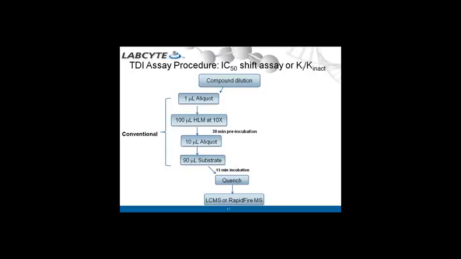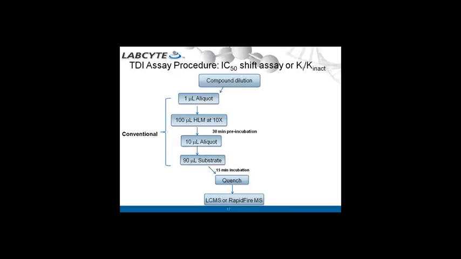So here's a procedure for running the time-dependent inhibition assay. On the left, we have a procedure that is currently used in many ADME groups. Again, compound is diluted in DMSO. Then a 1 microliter aliquot is taken out from the DMSO stock and added to 100 microliters of human liver microsome at 10x.